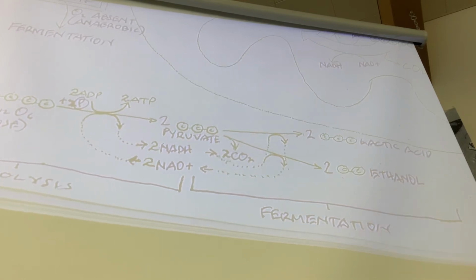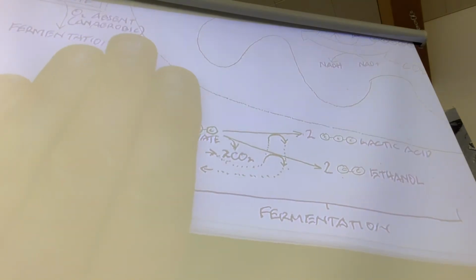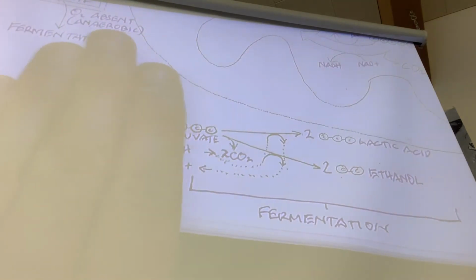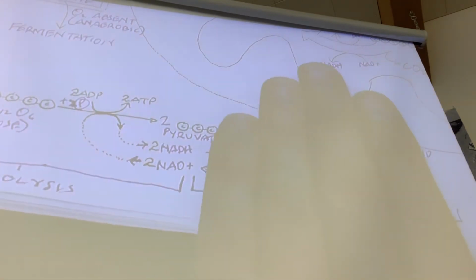Now, where is ATP produced? Is it produced during glycolysis or fermentation? Glycolysis. Alright, is ATP being produced here? Do you see ATP? What about here?